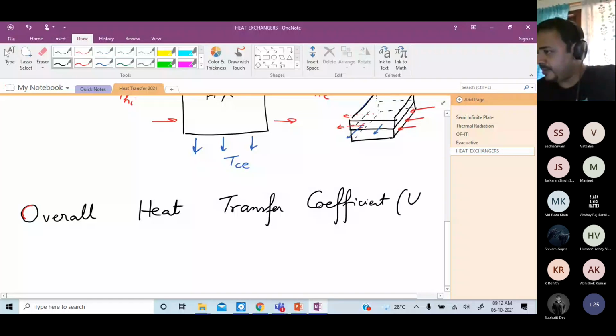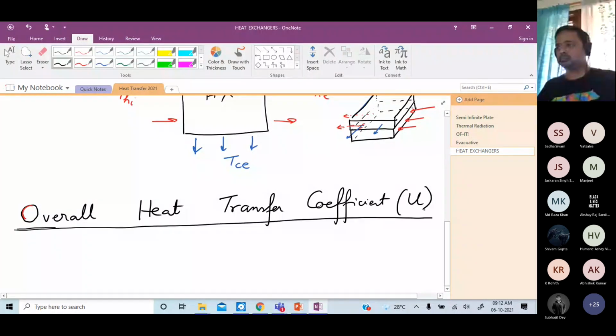And we denote it by the term U. Very important. Okay.